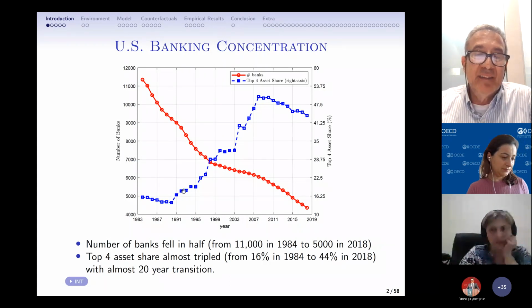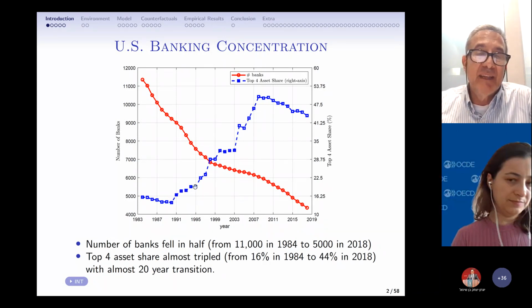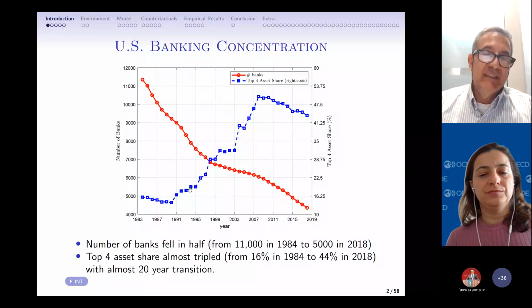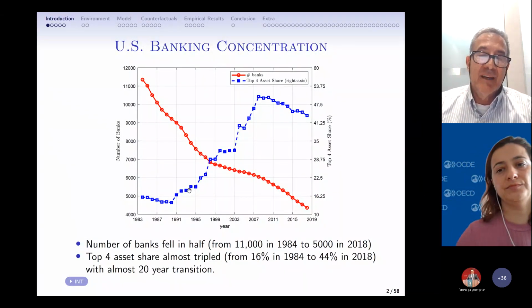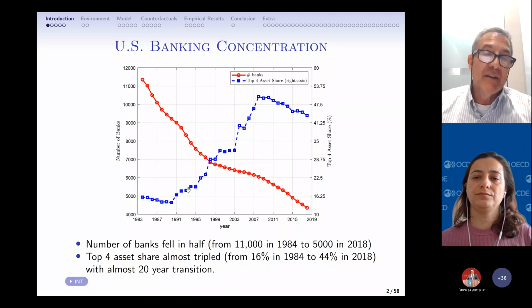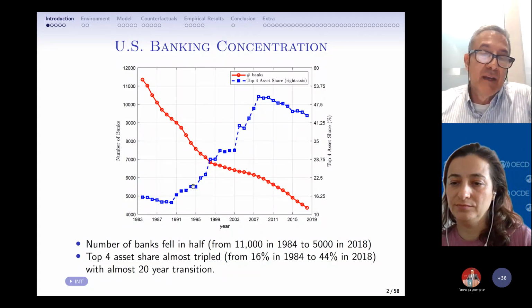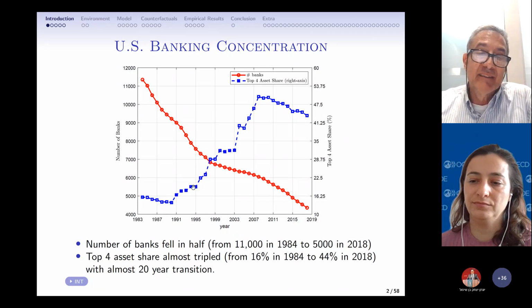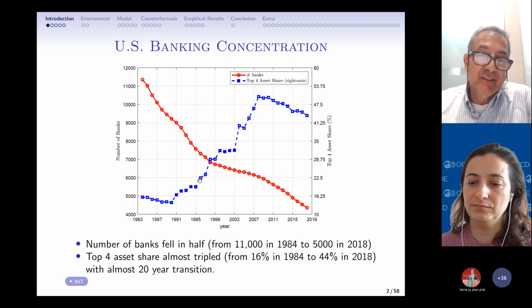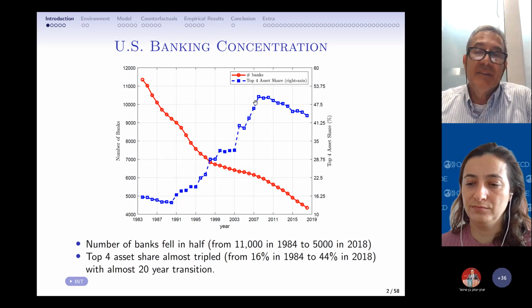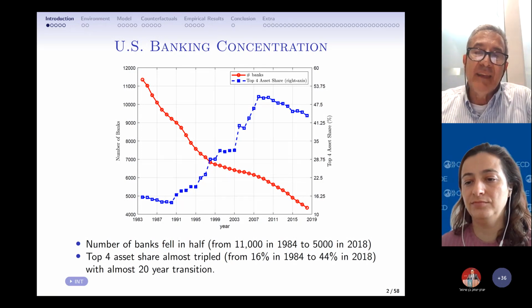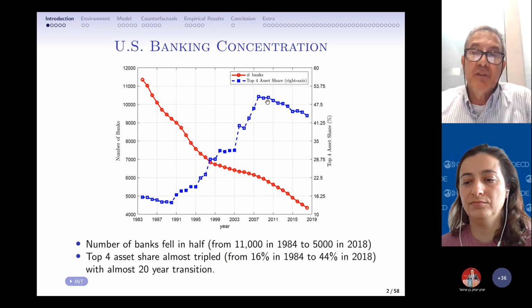And as you see, once that starts happening, banks move into other states, buying up other smaller banks, and the market share of big banks starts to rise. After Riegle-Neal in 1994, it just grows tremendously up until the crisis. Then following the crisis, it leveled off. In fact, it dropped some.